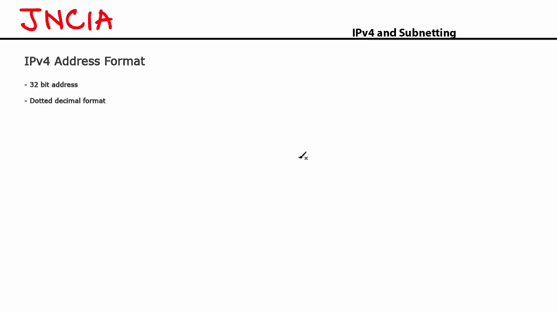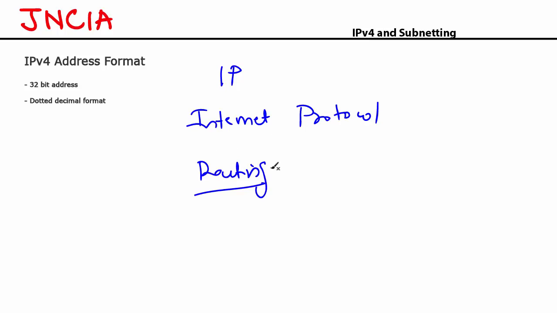IPv4 addresses. Now before we talk about IPv4, I want to take a moment and talk about the IP protocol itself. IP stands for Internet Protocol. It's the routing protocol of the Internet. IP is the protocol that routes your packets across all the routers in the world.